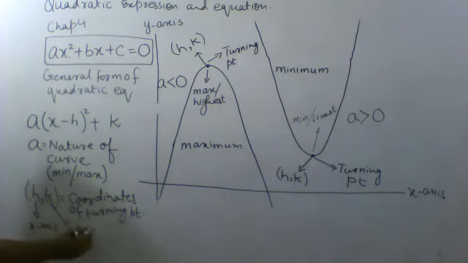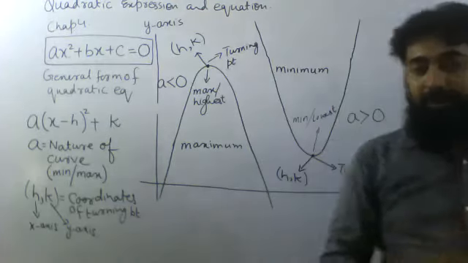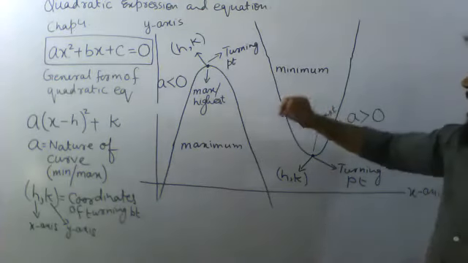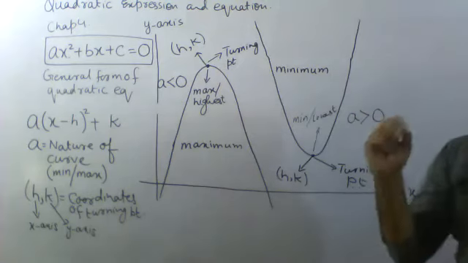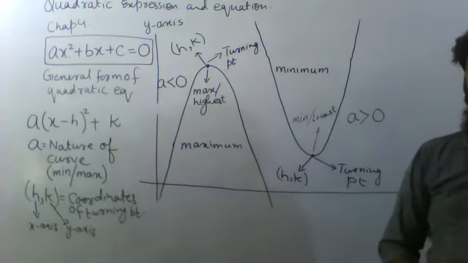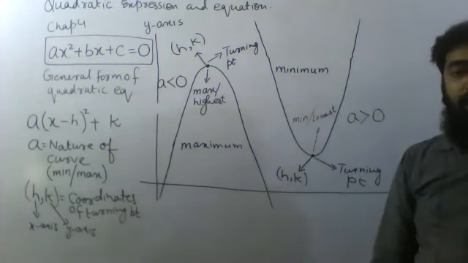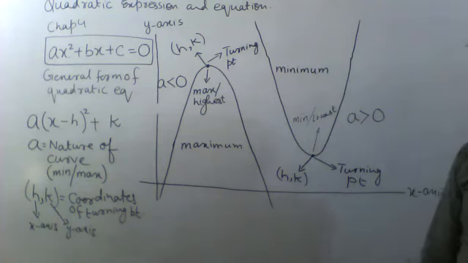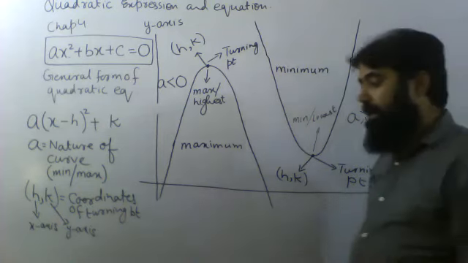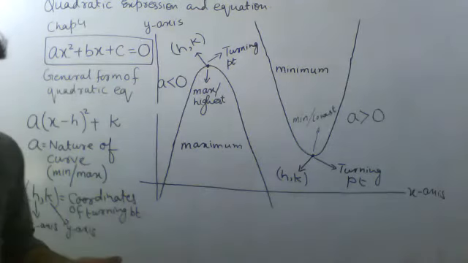Now, people get confused. Sir, if I say that at the turning point the coordinates are 3 and 4, I'm just giving you an example. People get confused: sir, you said it should be h and k, but you are telling us the values of x and y.